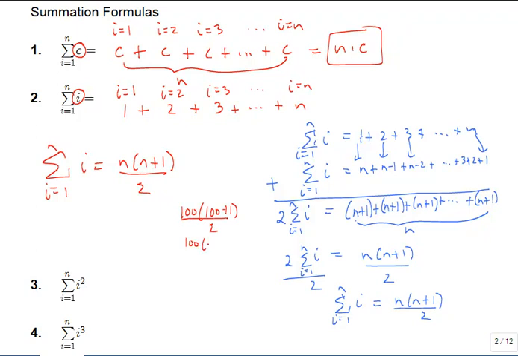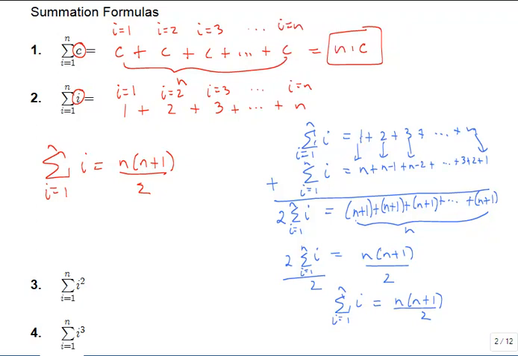So that's 100 times 101 over 2, and that's 5,050. So it gives you a quick way to figure out what that sum is without having to physically add every single number from 1 to 100. You could do it, but it would take you a long time. Okay, so here's our sum formula for the sum of the integers from 1 to n.